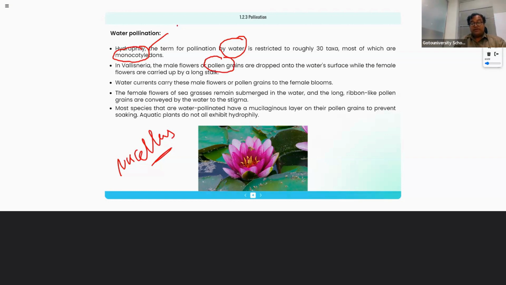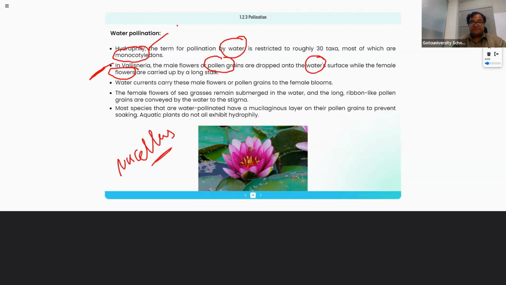Pollen grains move in the water medium, and the female gametes are there in the female flowers, right? So you know very well that Vallisneria is not a marine plant; it is a freshwater plant. I can see it in the river, in the lake, in the pond, but not in the sea. Whereas Zostera is a marine plant, right?